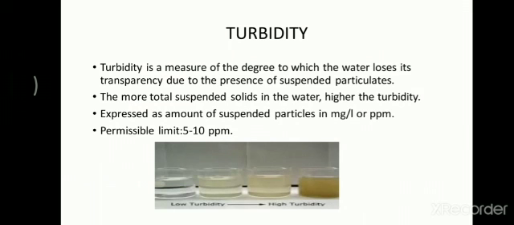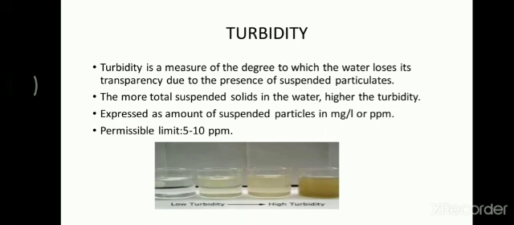So, turbidity. Turbidity is a measure of the degree to which the water loses its transparency due to the presence of suspended particles. That can be either inorganic matter like clay, silt, etc., or microorganisms such as bacteria, algae, and fungi.